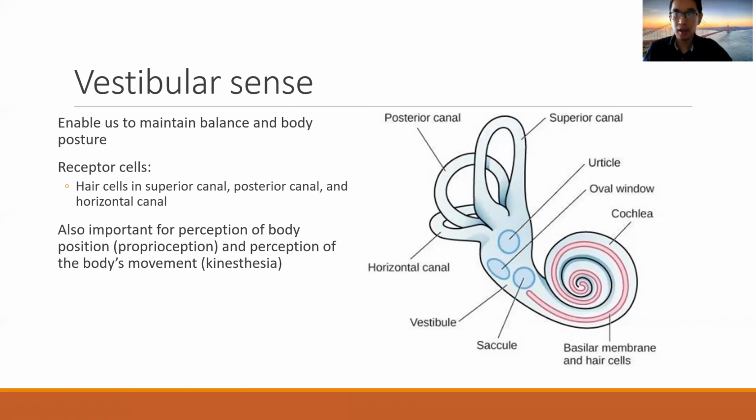So that's why we have the senses for the body movement. So that is vestibular sense. Actually, the vestibular information goes to the cerebellum. The cerebellum is under the occipital lobe, under the forebrain. The cerebellum is the part that processes the information about the vestibular sense.